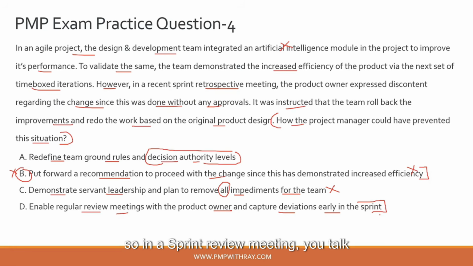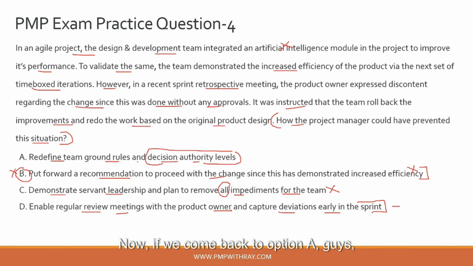In a sprint review meeting, you talk about the possible deviations which can be incorporated in a project and whether you need to go for a formal approval for doing that, whether an informal approval is okay, but at least you need some sort of a heads up from the product owner or the customer before making any changes in the product, right? Because that is the essence of change management. Okay, so let's park option D as well.